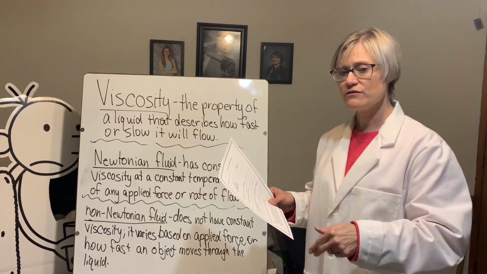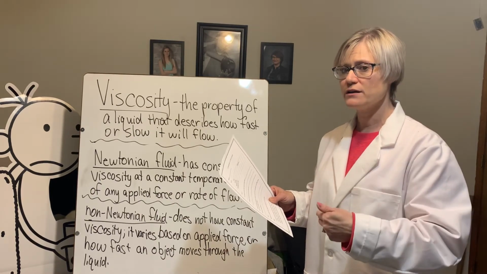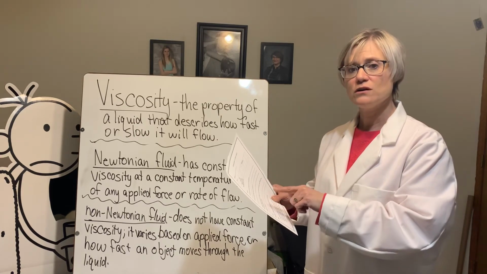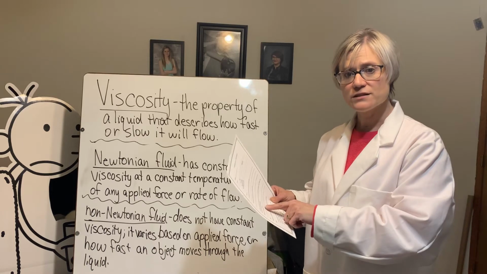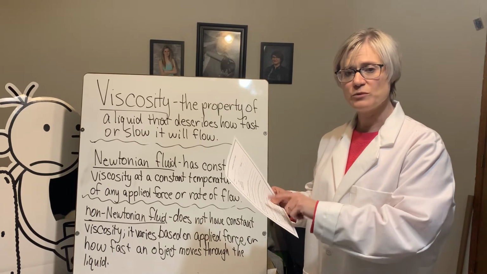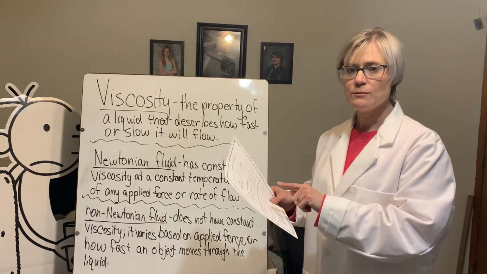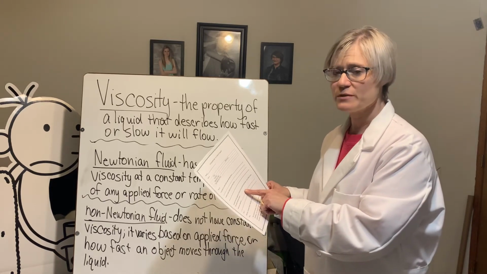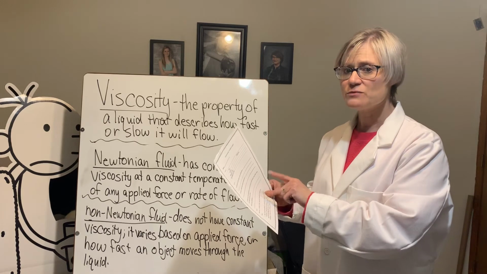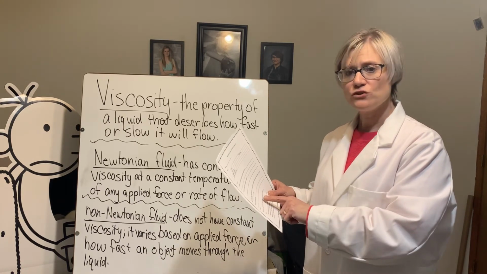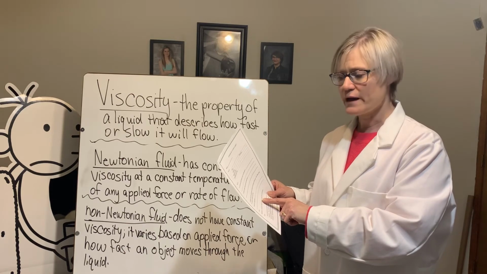How does it behave? What does it look like? Okay, so use that information to make your educated guess on what you think will happen when we put this together. That's all I want you to do. And this does not have to be exactly what happens. Remember, scientists sometimes are wrong, but you take the information that you know and you write down your best guess of what you think will happen.